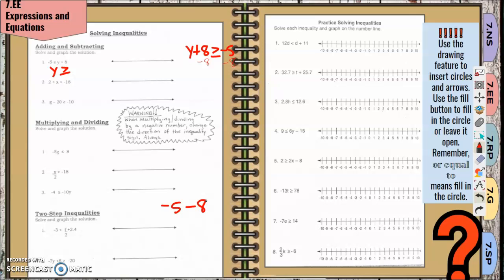I have to do keep, change, opposite to turn it into an addition problem. And now I look at my signs. My signs are the same, so I'm going to add. 5 plus 8 is 13. They're both negative. So y is greater than or equal to -13.